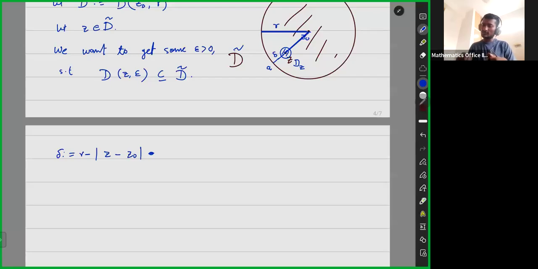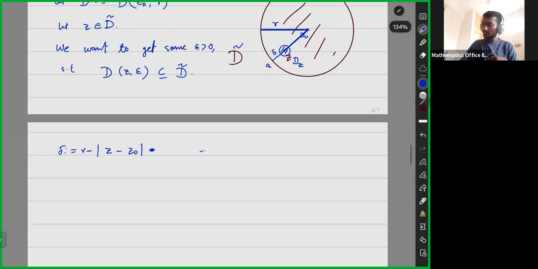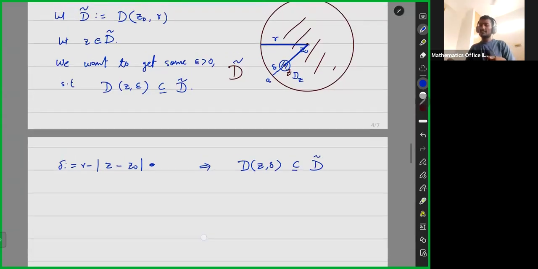Whatever is left is delta. So if we have a delta ball around z, we get that Dz delta is contained in D. Is this clear?